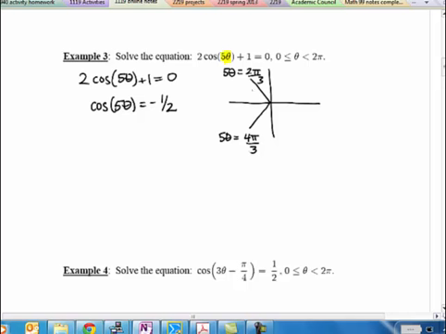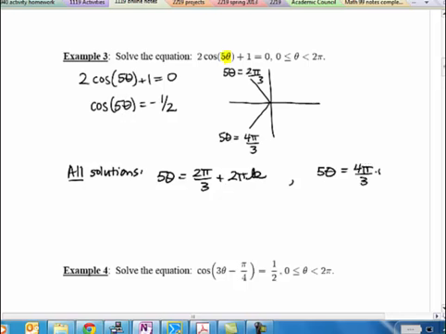So what we really got is all solutions, which we could list as 5 theta is 2 pi over 3 plus any integer multiple of 2 pi, or 5 theta is 4 pi over 3 plus any integer multiple of 2 pi.